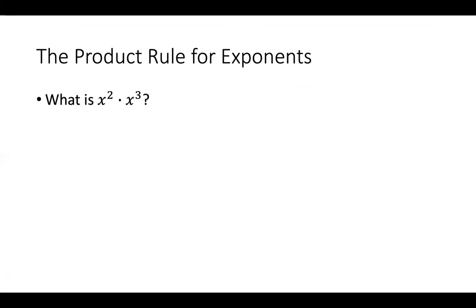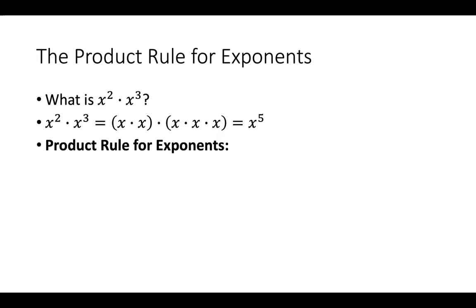All right, so suppose you were looking at this for the very first time, x squared times x cubed. If you just think about the meaning of x squared and x cubed, x squared is x times x, and x cubed is x times x times x. So altogether you have 5 copies of x, which is x to the 5th.